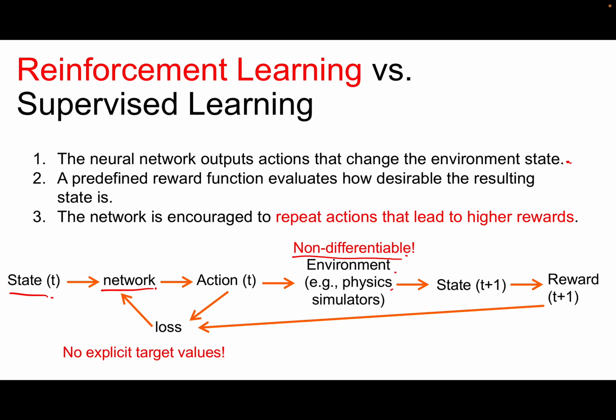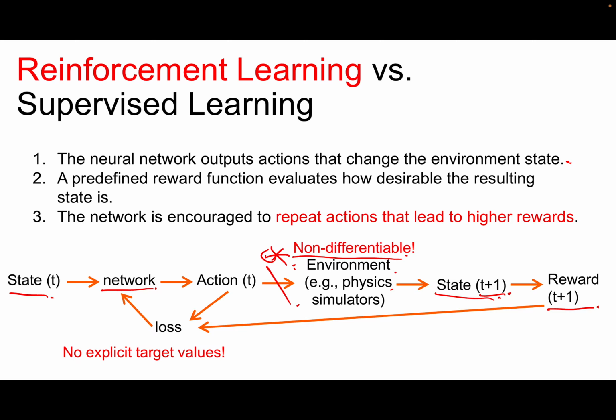When we apply such actions in the environment, the computational graph is cut, and the gradient cannot be backpropagated in this direction because it is non-differentiable. Anyway, we apply actions in the environment, and then we get an updated state, right? Let's say the action is to go forward 1 meter, and then the position of the robot changes. And then we can get the updated state at time t+1, and then the reward.